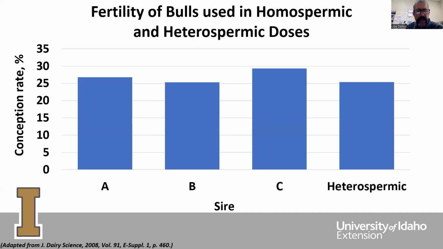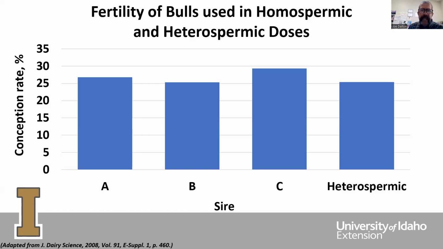Now let's go ahead and look at some data. This is data from Select Sires. This is specifically in dairy cattle, published in 2008. That's probably why we see fertility down where we do. And essentially what we're looking at is three different bulls, A, B, C, and a heterospermic mix of the three.